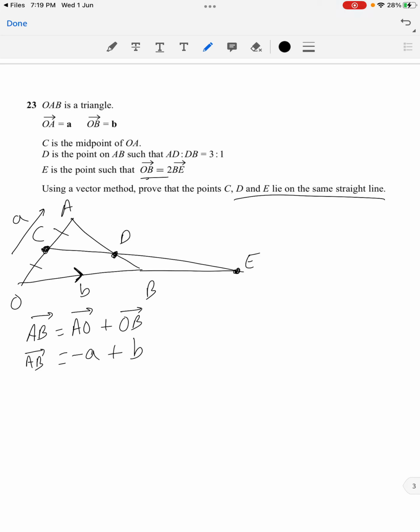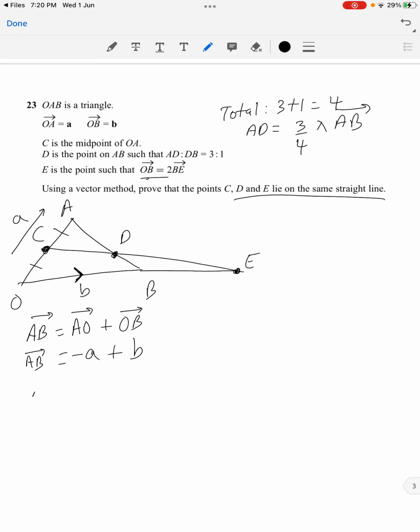Okay, let's find out what AD is. In order to find out what AD is, we have to look at the parts. The total parts are 3 plus 1, which is 4. We know that AD has to be a fraction of something, right? So AD is 3/4 of AB, since AD lies on AB.